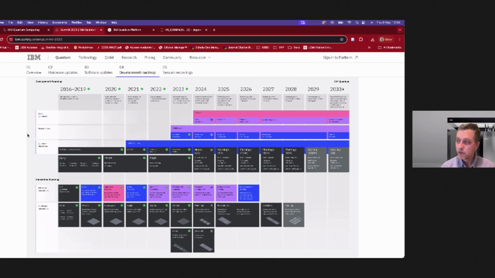So we will need bigger and more accurate computers to be able to create this error correction. This is what we call fault tolerant quantum computers, and we will be able to solve really big problems with them. We see this at the end of this decade.